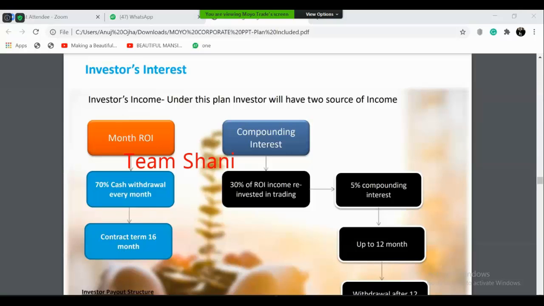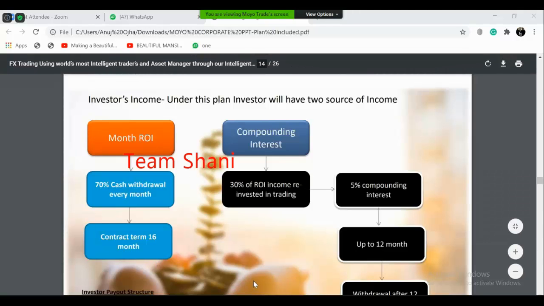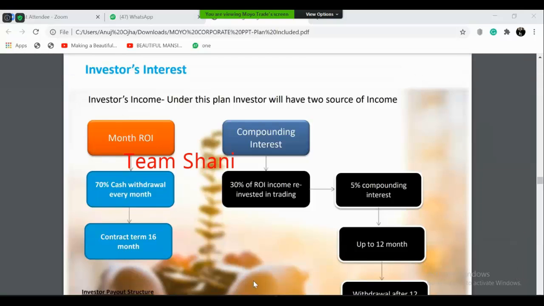Anuj, if you can add them up for me. Could you repeat the first three? The first one is 18, then 18.9, and then 19.8. Okay, now just give me a minute.